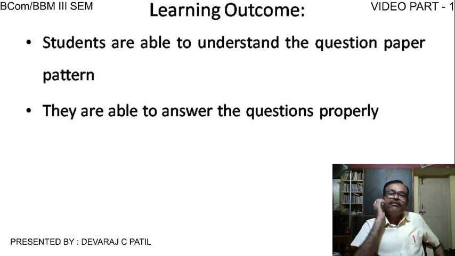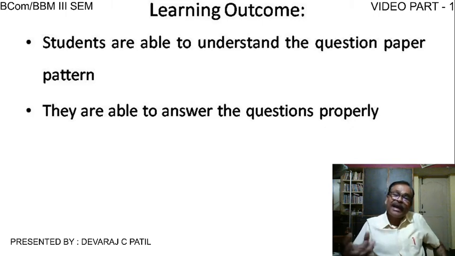Okay, when you come to know these things about the syllabus as well as the question paper pattern, how does it help you? You will be able to understand the question paper pattern, and when you understand it, you will get an idea what kind of different answers you are going to write.